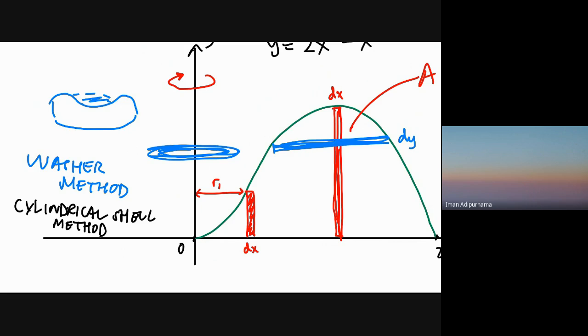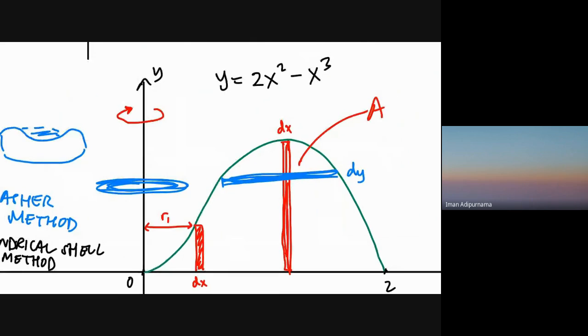We are using another method that I will tell you more about next Monday. We will try to solve this one, 2x squared minus x cubed, the region enclosed by this, the x-axis, and this from 0 to 2. That will be next Monday.